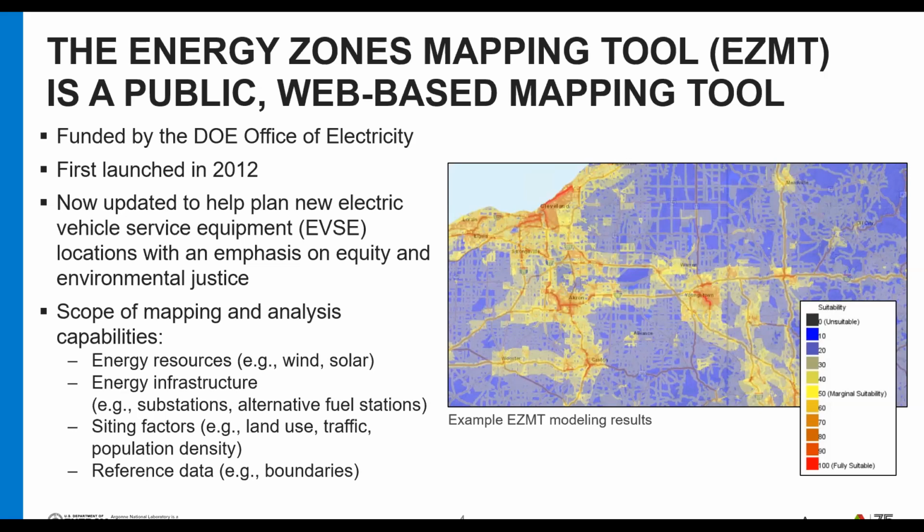The most recent updates have to do with electric vehicle service equipment, or charging stations, and a lot of emphasis on equity and environmental justice metrics. The main scope of the tool is energy resources. Where do we get our energy from? What do we harness for energy? The infrastructure itself, and then a large amount of siting factors that pertain to finding good locations.